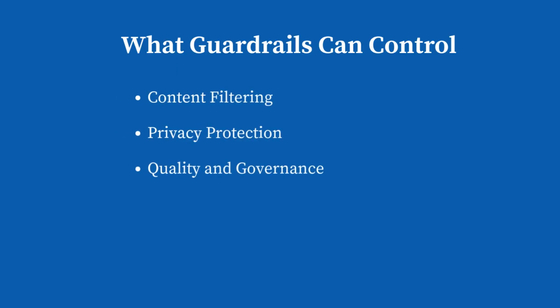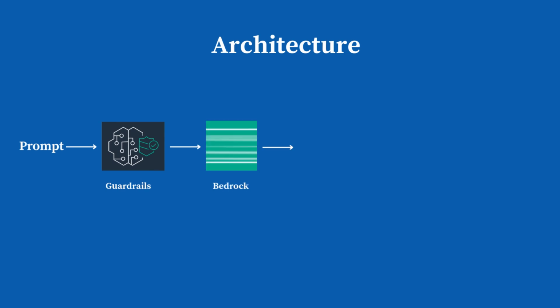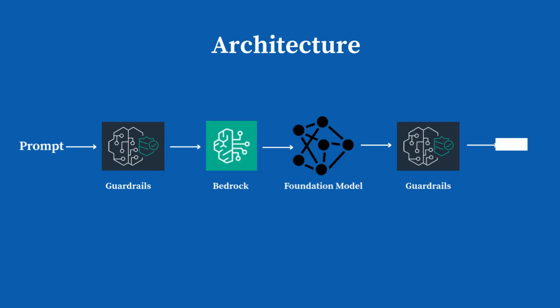With Guardrails, you can block harmful or unsafe content, filter sensitive topics, prevent prompt injection, mask personal data like email, phone number, name, etc., and enforce responsible AI policies. This is a simple architecture of Guardrails.